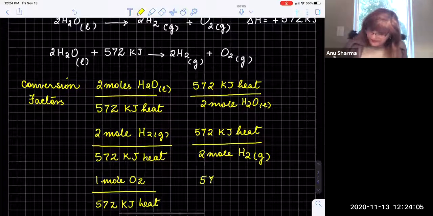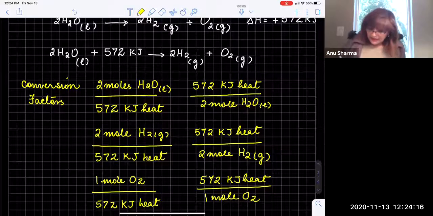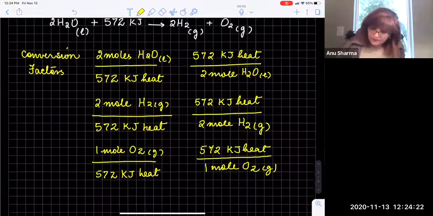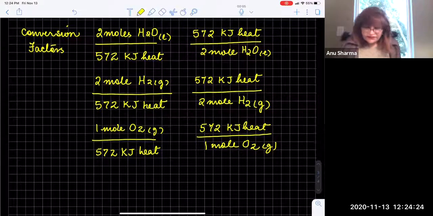And 572 kilojoules of heat over 1 mole of oxygen. And again, this is as a gas. It's very specific, the states are very important. So these are the different conversion factors between the heat and the reactants and the products.